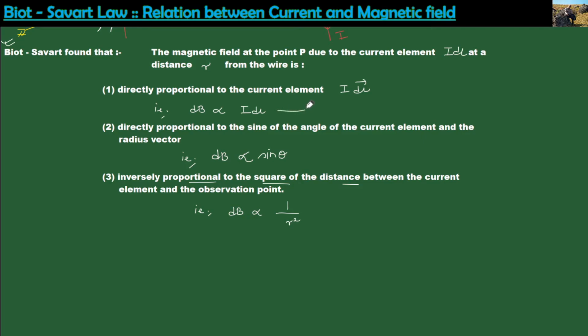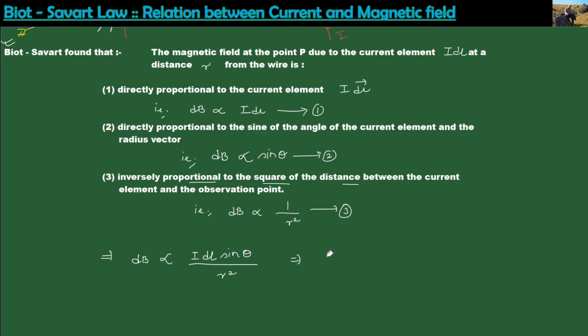So when you combine condition number 1, condition number 2, and this condition number 3, it implies that dB is proportional to IDL sin theta divided by r square.